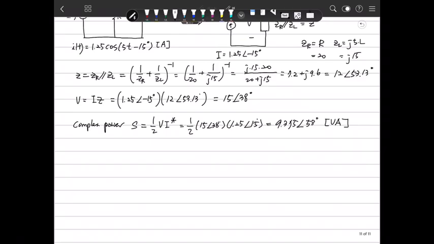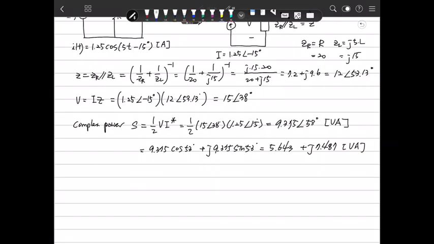So we can rewrite this in rectangular form here. There will be 9.375 cosine 53 degrees plus j 9.375 sine 53 degrees, which will be 5.643 plus j7.487 VA.